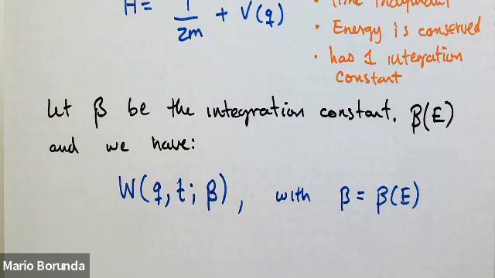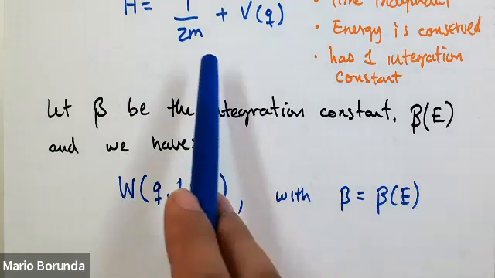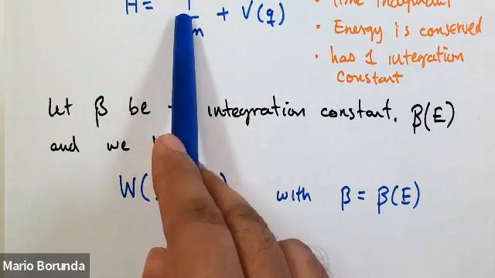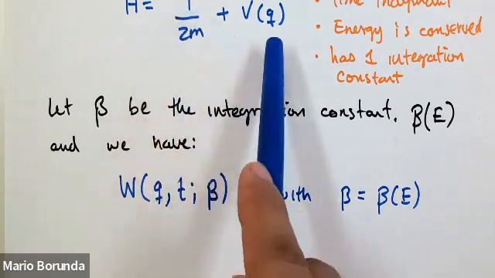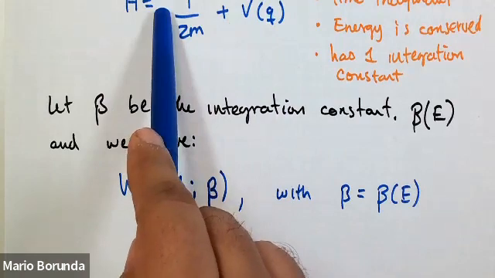approach. What we were doing is that we were going to do a canonical transformation. What are our coordinates here in this Hamiltonian? Q and P, right?